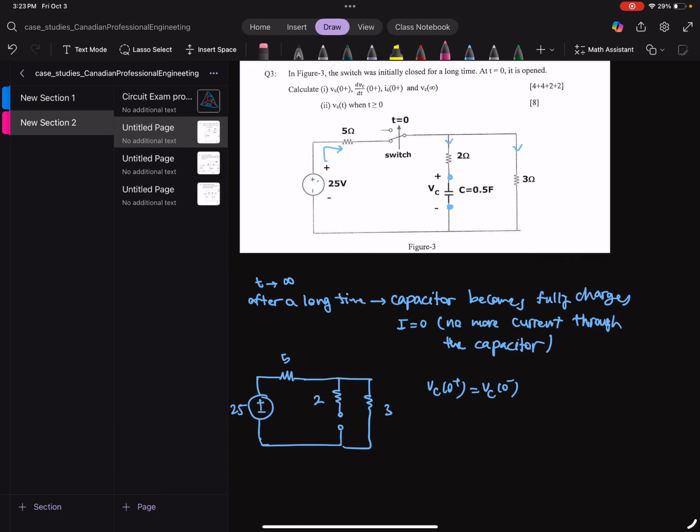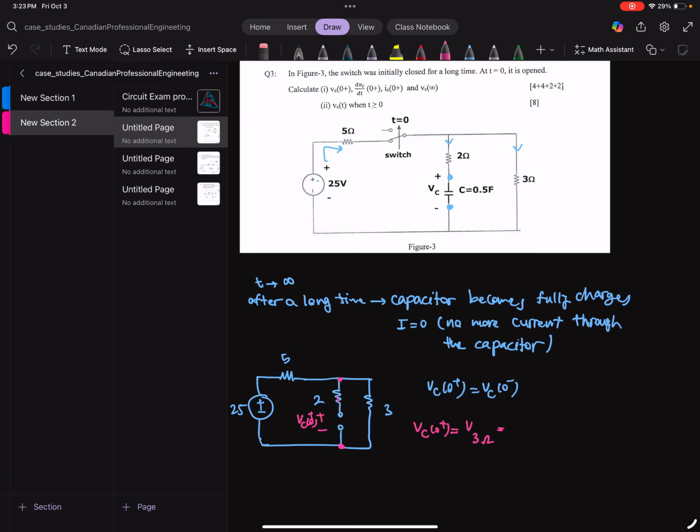So when this is open, because this has no current, VC at 0 plus is exactly the V across the 3 ohm, because no current is going through here. So this 2 ohm experiences no voltage difference across it.